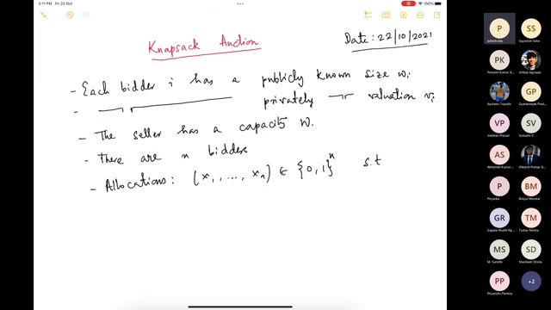That means the total size of the items picked, that means summation xi wi, i equal to 1 to n, should be less than or equal to W. So this is the set of all possible allocations.